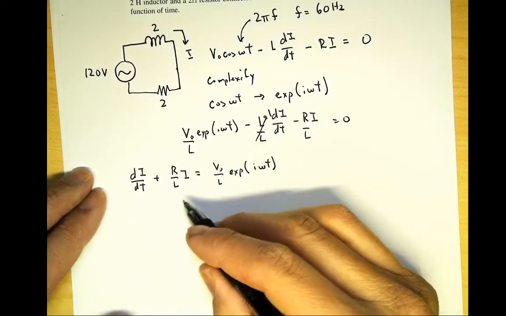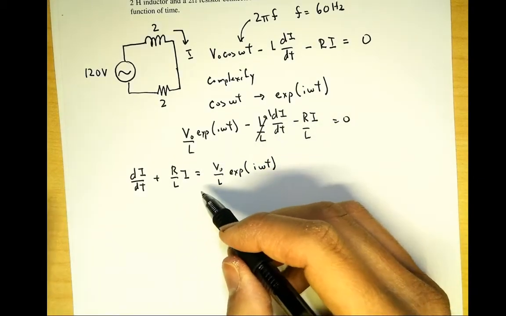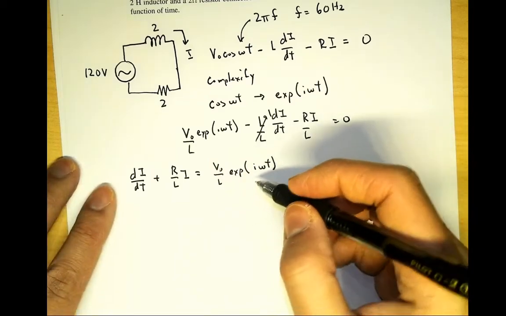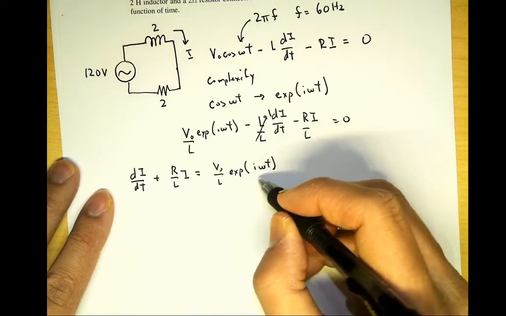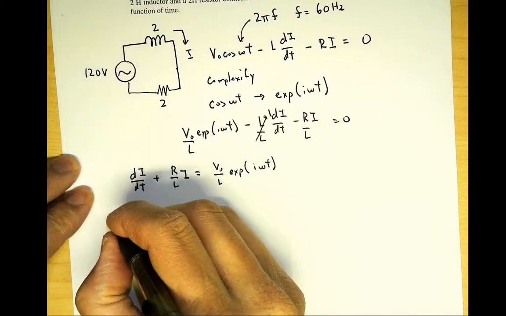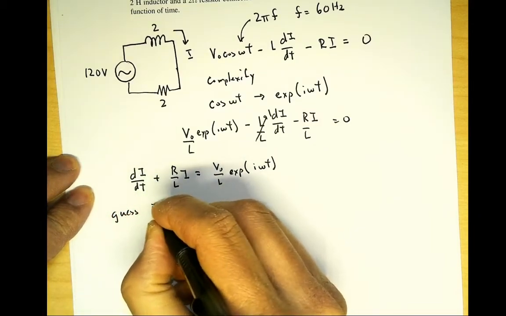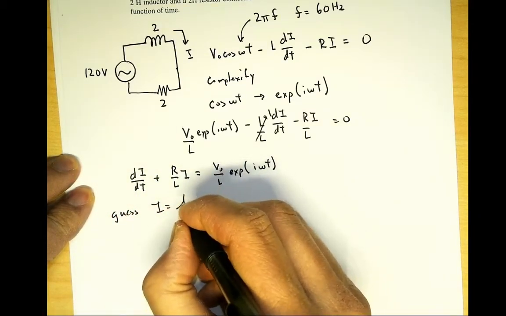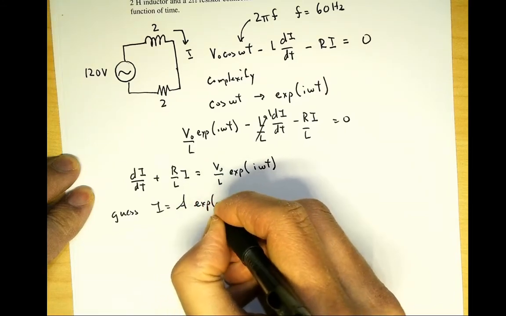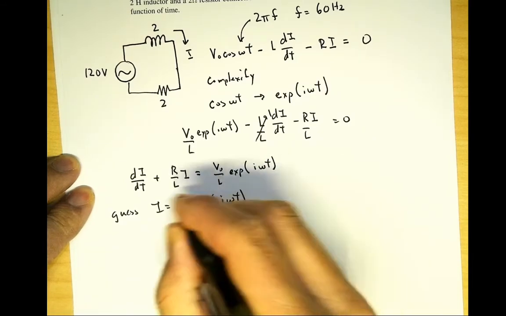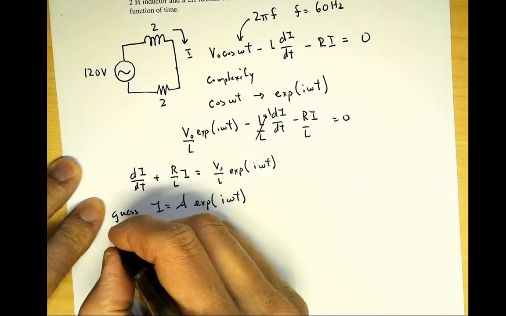All right, so now I have to put the appropriate guess in. Now this is what's called an inhomogeneous equation. And so as a result, the guess has to be the following. The guess is I is equal to some amplitude A e to the I omega t. All right, so I'm going to plug that in.